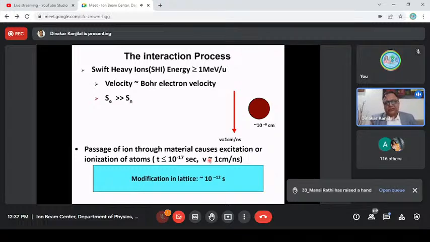But later, with etching, there are many works from Kurukshetra University, as well as NIT, Punjab University, various groups all over the country, AMU, Delhi University, on the latent track.